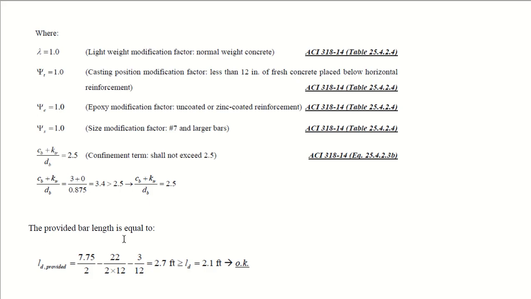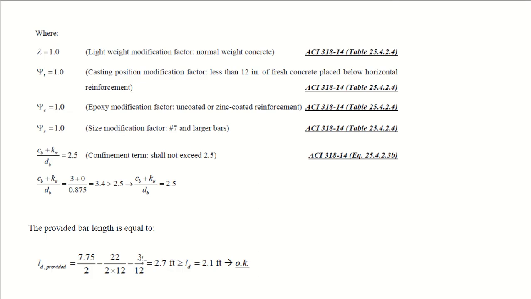The provided bar length, in our design what we provided, is on the shorter side, because we are talking about 7.75 feet, not 8.5. So half of the pile cap dimension minus half of the column dimension minus 3 by 12, the 3 inches outside the pile, so it's 2.7.